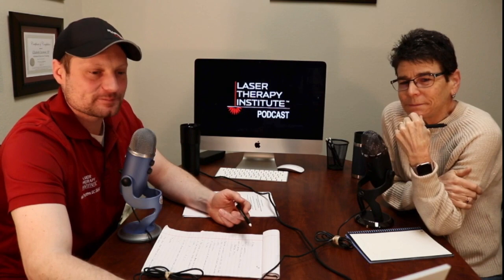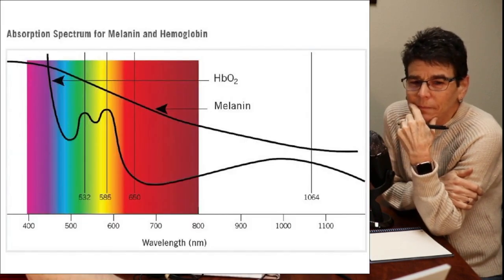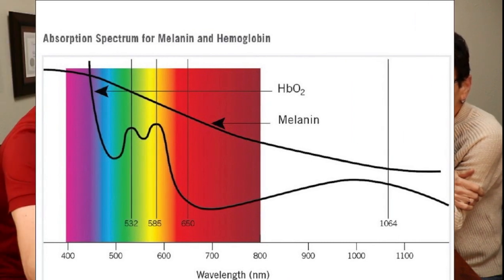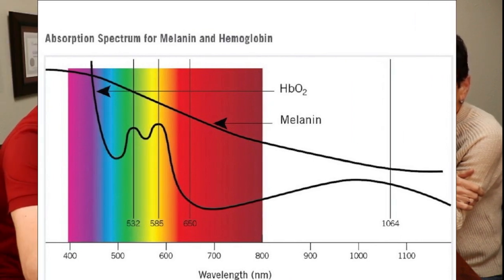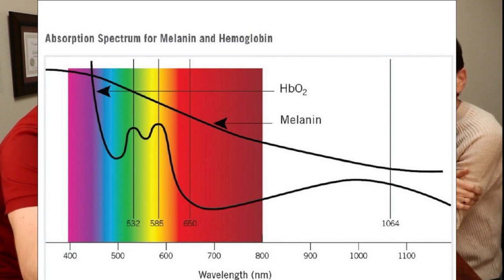Right, exactly. So we also have to evaluate the content of the skin. And so if we look at the absorption of light by melanin, it is extremely high up at the 400, the violet spectrum, and then decreasing in absorption as you get closer to 700 and then 800.